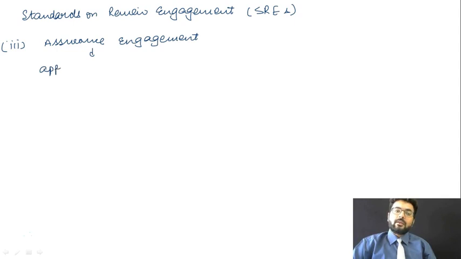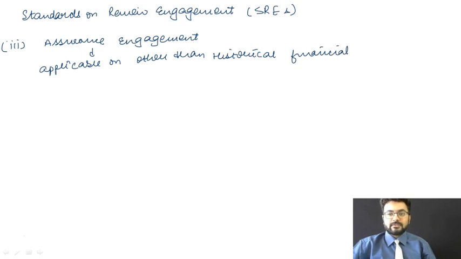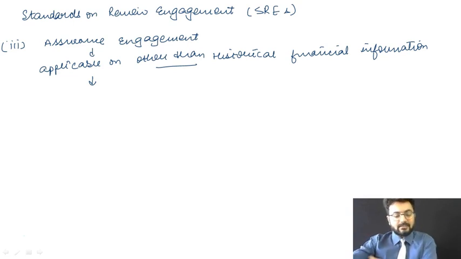It is applicable on other than historical financial information. Other than historical financial information. Now moving on to next, that this is applicable on other than that point. Previously those points were applicable on historical financial information.